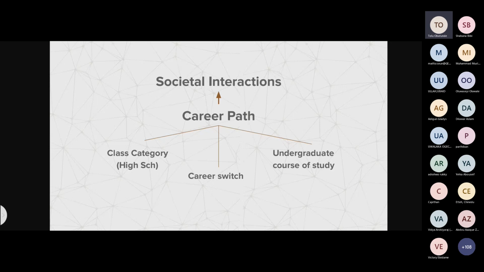Probably you want to go with sciences, or social sciences and commercial and business, or arts and environmental and societal subjects, and you can decide on all of these class categories.